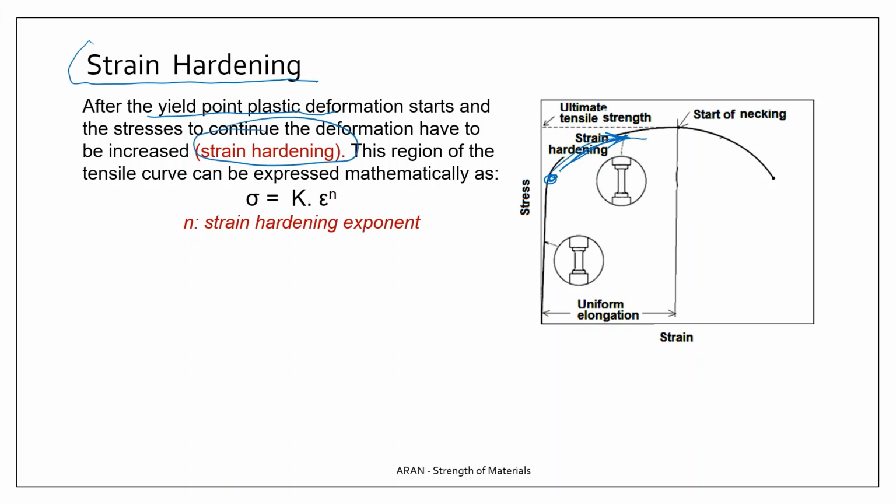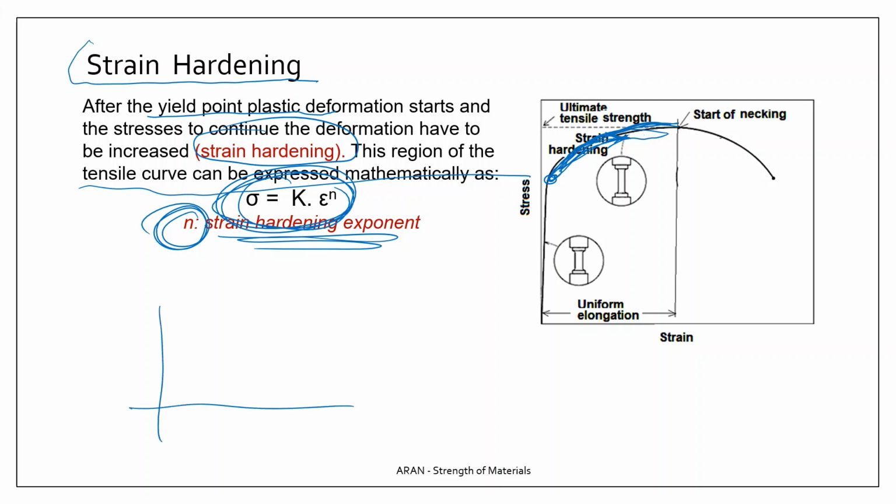This region has a shape like this, and this region of the tensile curve is expressed by this mathematical formula, and here the exponent n is called the strain hardening exponent. The higher the strain hardening exponent, the steeper the curve.